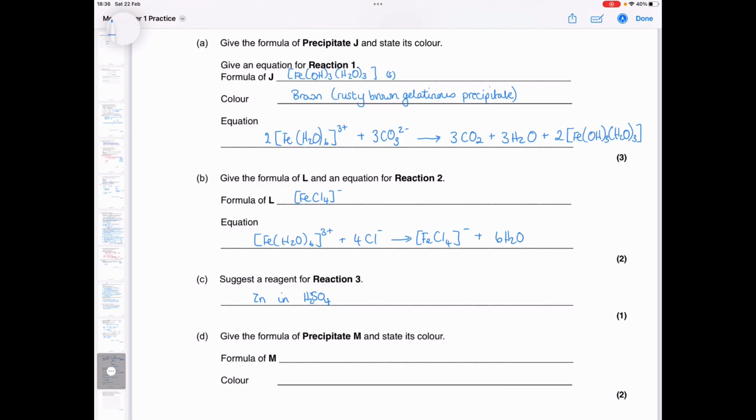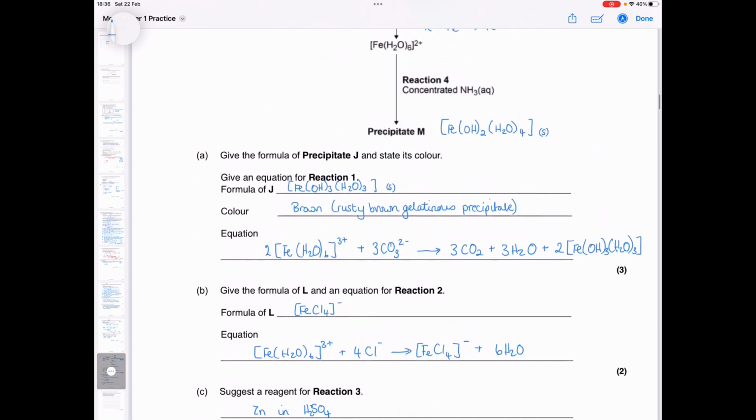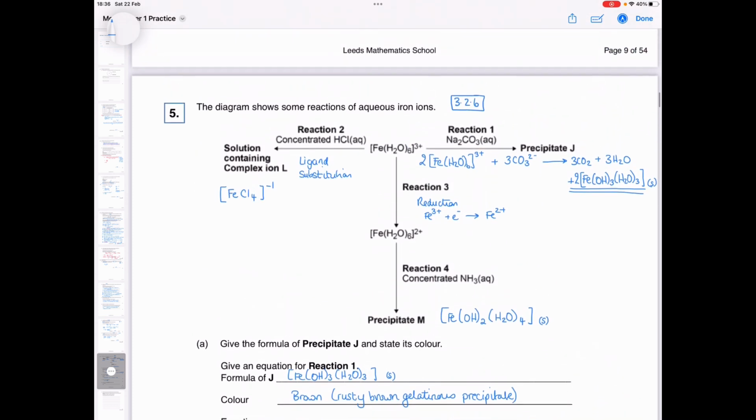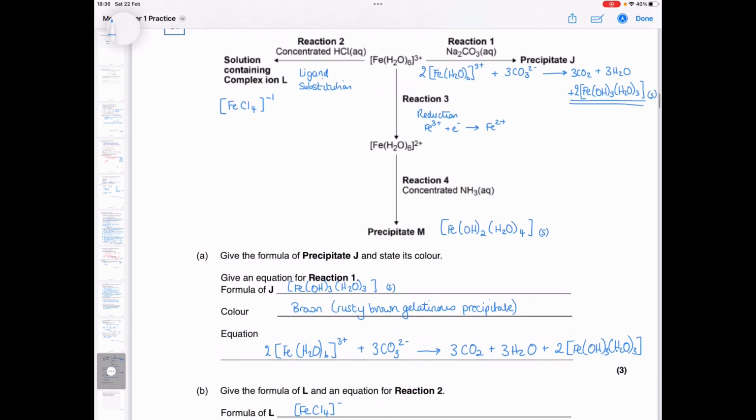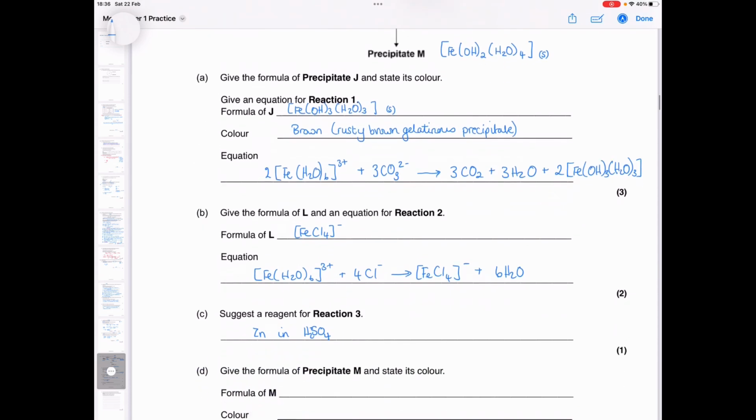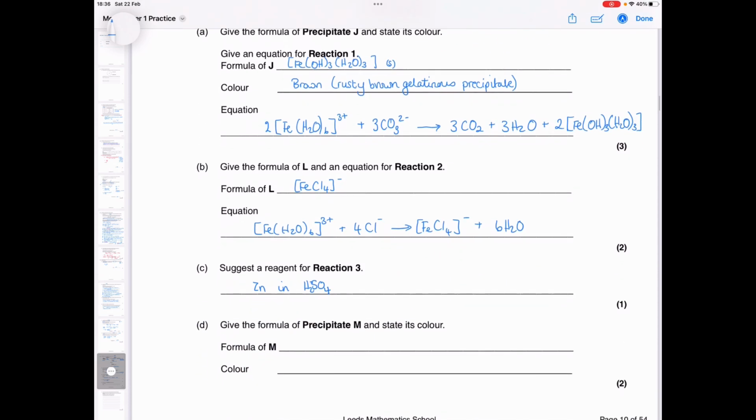D, give the formula of precipitate M and state its colour. So I'm just going to back up and see what M is. Okay, so M is the hydroxide precipitate of the 2+ ion, and the colour is a moss green.